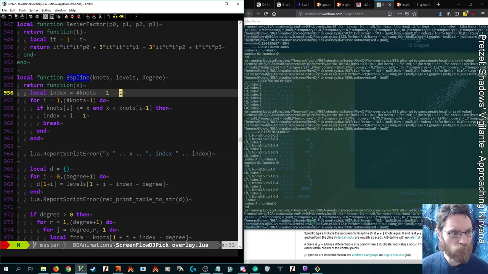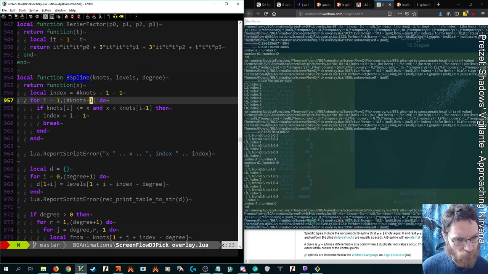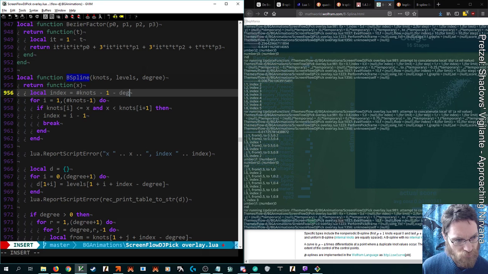So our default index is the last index minus degree, but we actually had this problem with degree 0.